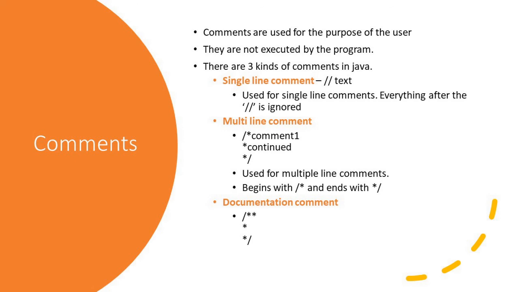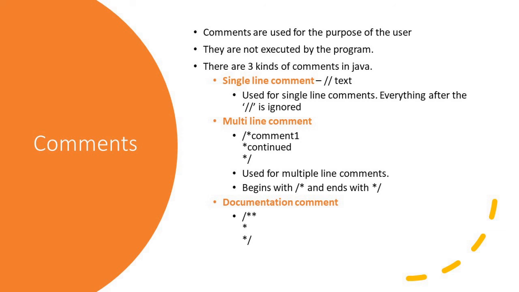Comments in Java are incorporated in three ways. These statements are not executed by the program and are incorporated for making a program more understandable to readers. Single line comments start with 2 forward slashes and support any length of text as long as it is in one line.